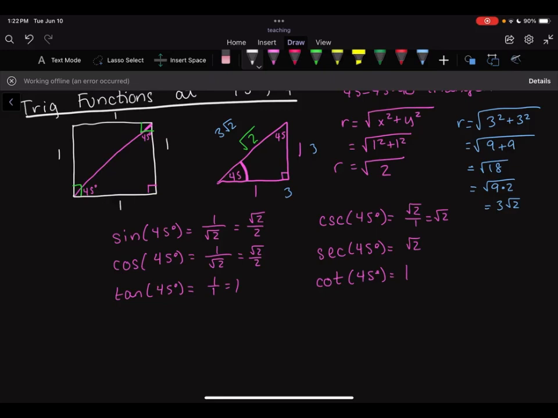So let's go ahead and look at this real quick. I just want to show you. So on the coordinate plane, if I look at 45 degrees, that's right down the center. And so here's the triangle that I'm talking about for all of this.